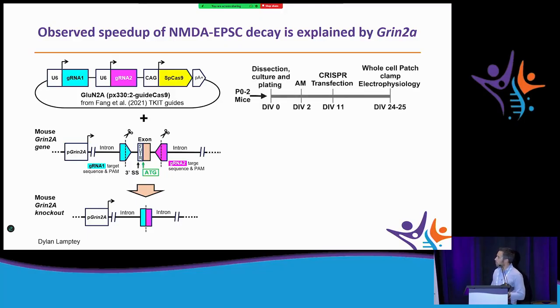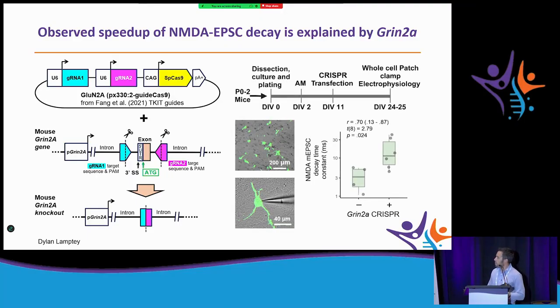And we've done that in this experiment with these cultures, and we do see a longer decay time constant of the EPSCs after knocking out GRIN2A. So using the same assays, we feel a bit more confident that what we're seeing is actually due to the NMDA receptor subunit switch.